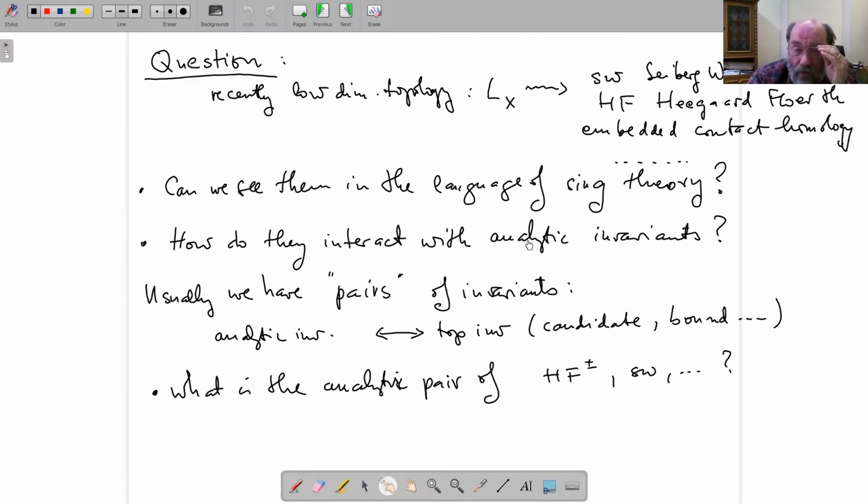The main goal is to define their analytic analogs. In general, when we have a normal surface singularity, we have this bridge between topology and analytic invariants, and we try to find pairs of invariants: analytic invariants paired with topological invariants.